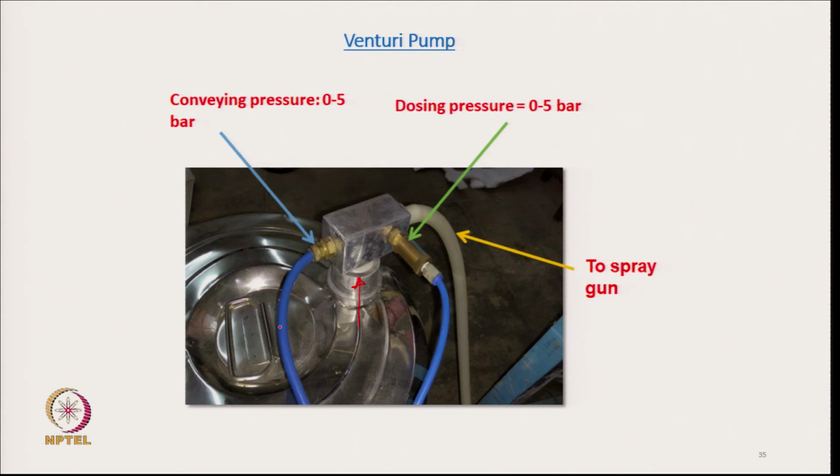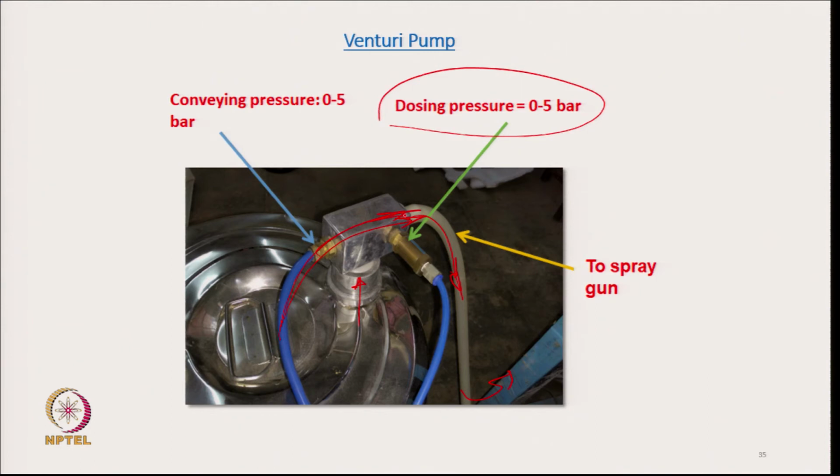This is the conveying pressure, which pushes the powder particles to the spray gun, which is the exit. Here the spray gun is placed, and this dosing air is important just to control the supply of the powder.